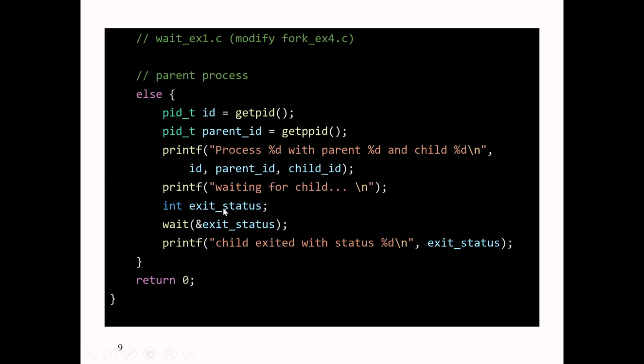So I've got my exit status variable here. Wait is going to write into the exit status variable the exit status of the child process. And so the parent process stalls right here on the wait. It just sits here and waits for children to finish, and does nothing. So this is not the most efficient use of resources if you do it this way.